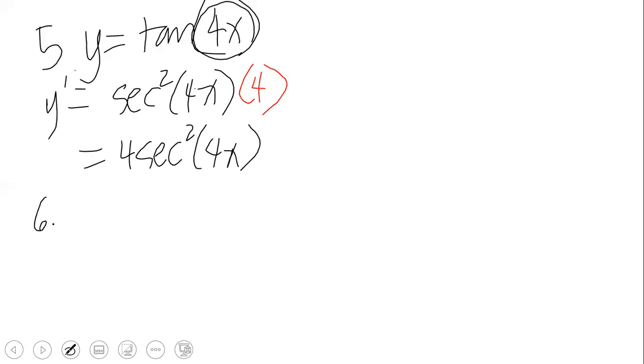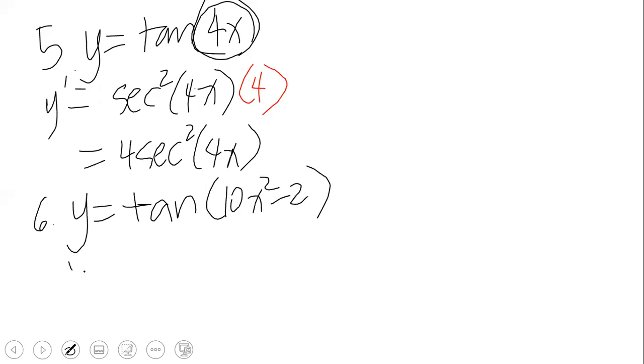Let's have number 6. We also have another tangent function, y equal to tangent 10x squared minus 2. So y prime, the derivative of tangent is secant squared.